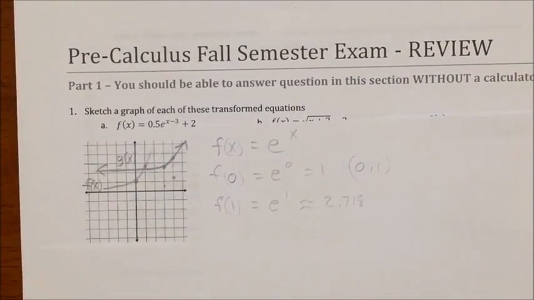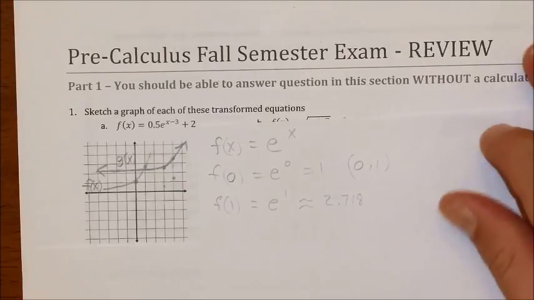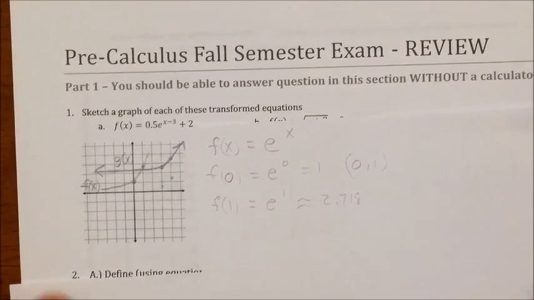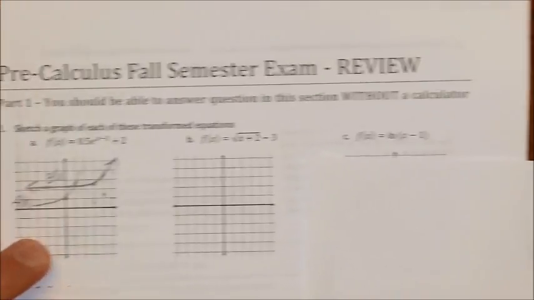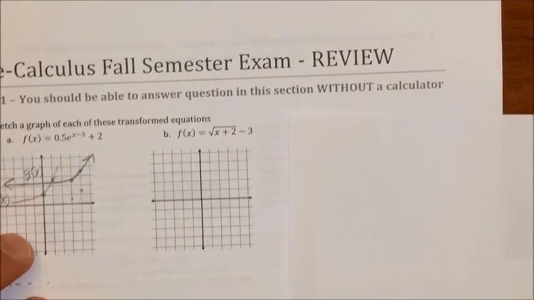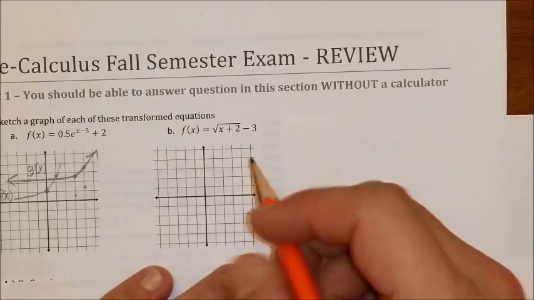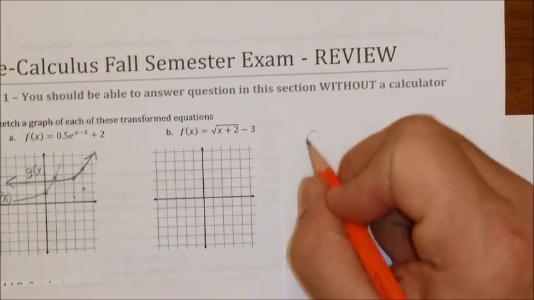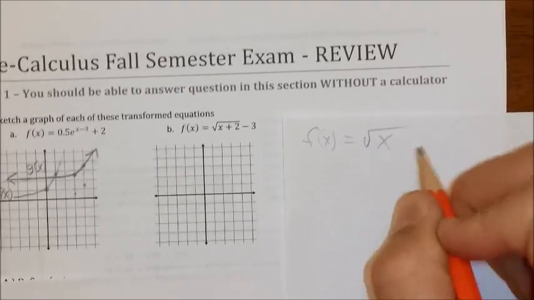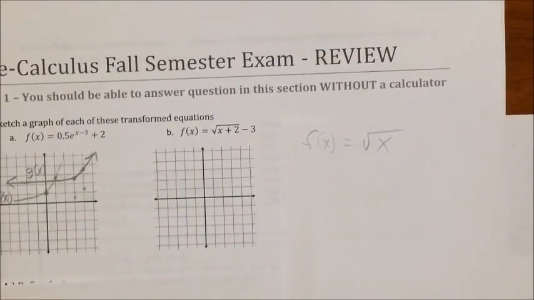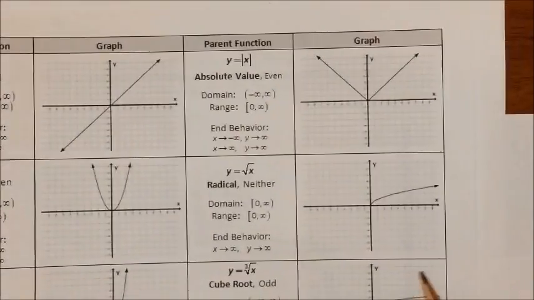Question number 2, we're going to do the same way. Try to move a little bit more efficiently now since we've already talked about parent functions. On question number 2, I recognize that this is a square root parent function. Same thing: recognize the parent function. I look it up on my graph just to make sure I remember what it looks like.